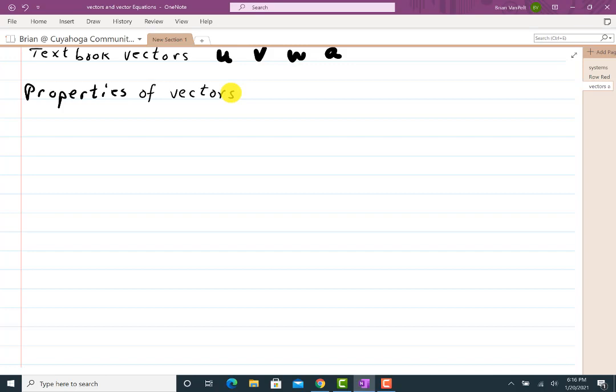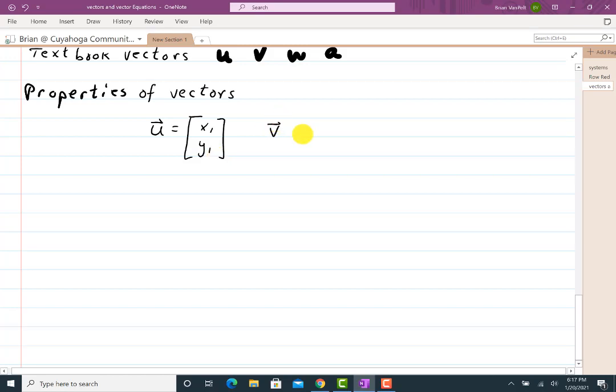So let's try this. I'm going to start with u, which equals x1, y1, where x1 and y1 are real numbers. v will equal x2, y2. So my example is in R2.